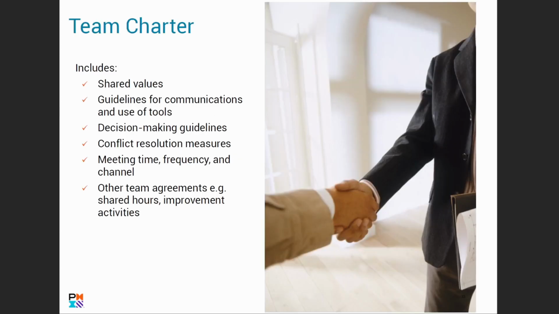A team charter can include shared values, guidelines for communications and use of tools, decision-making guidelines, conflict resolution measures, meeting time, frequency, and channel, and other team agreements, for example, shared hours, improvement activities, etc.